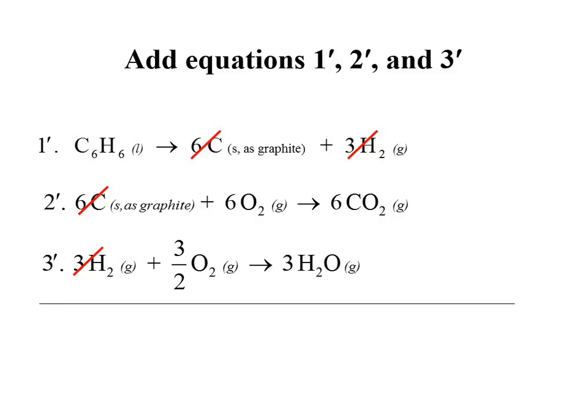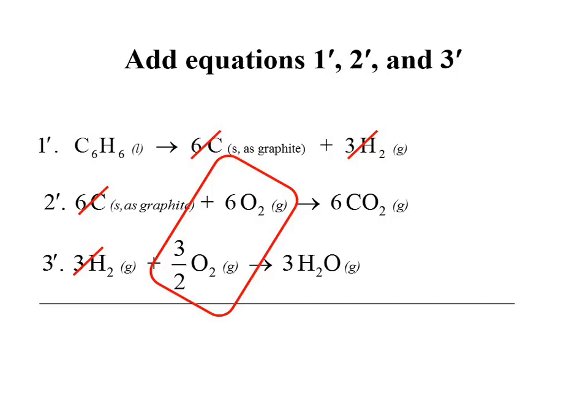And then with our O2s, we need to combine those 2 terms. So we have 6 moles, and we're going to add 6 moles to 3/2 moles. Of course, 6 is 12/2. So 12/2 plus 3/2 is 15/2. So that's all that can be combined, and that's all that can be canceled.